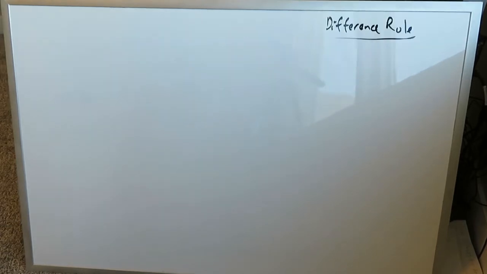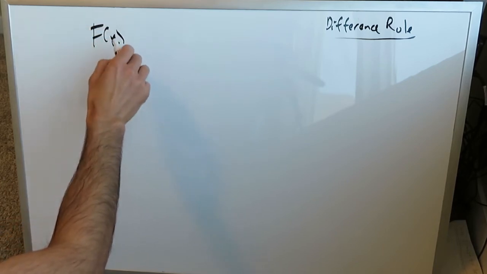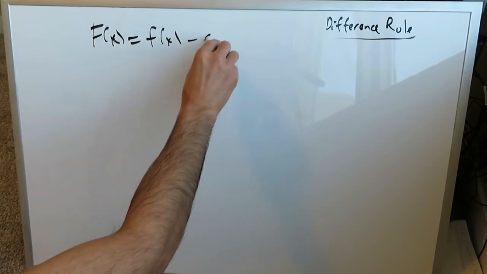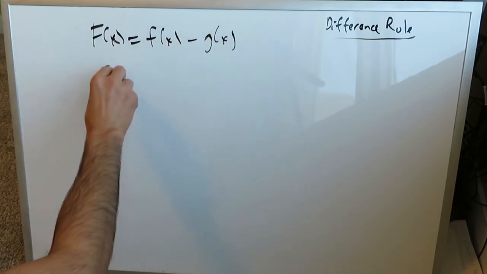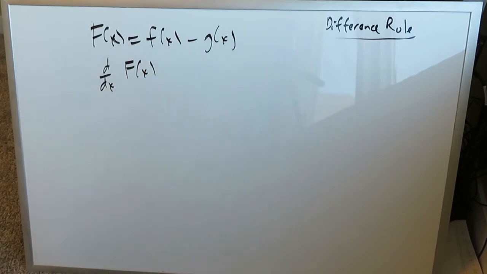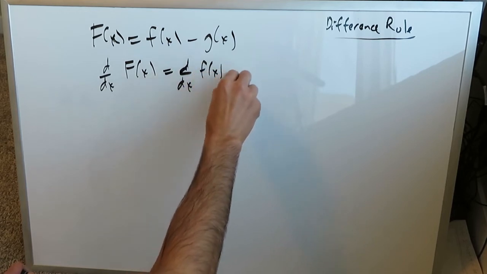The difference rule is very similar to the sum rule, except here when you're looking at a function, remember everything here depends on how you're notating it. If capital F of x represents the difference of 2 functions, and you were to do the derivative of capital F of x, you could easily do individually the derivatives and you'd still be right.